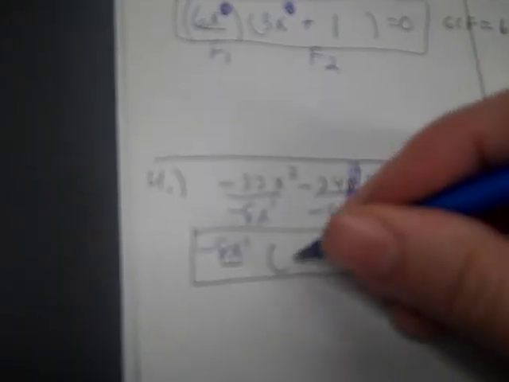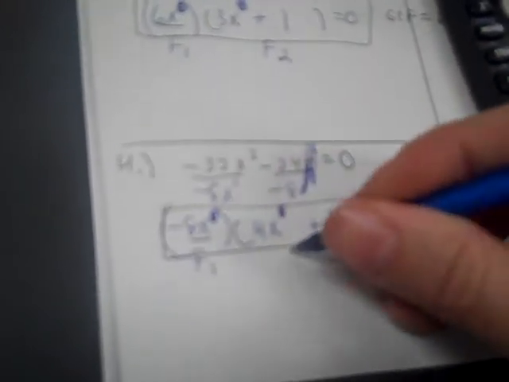Negative 32 divided by negative 8 is positive 4. Cross these out. Then x, 2 minus 1 is 1. Then we divide negative 24 by negative 8, and that's 3. It's positive, so it'll be plus 3. And we can get rid of these 1s then. Wrap it up, F1, F2.